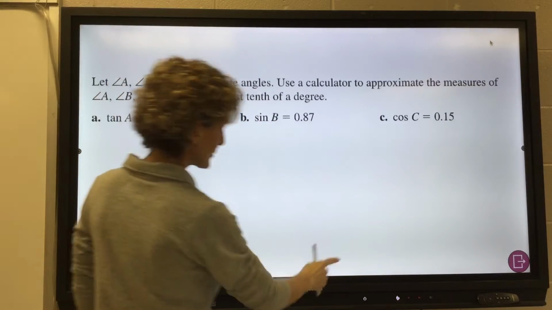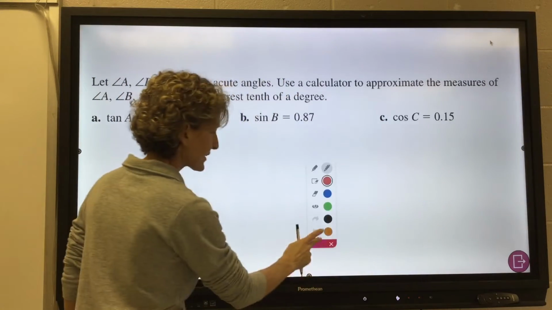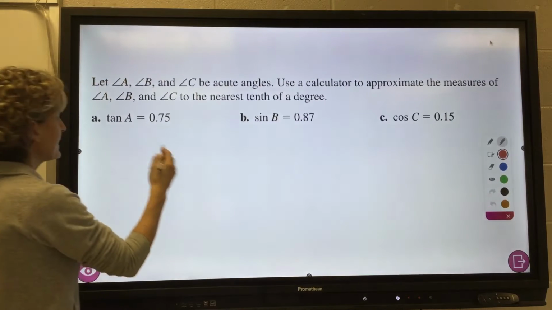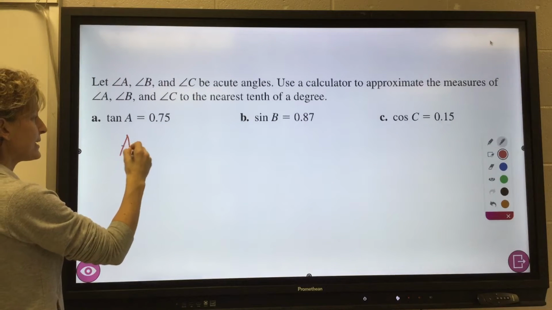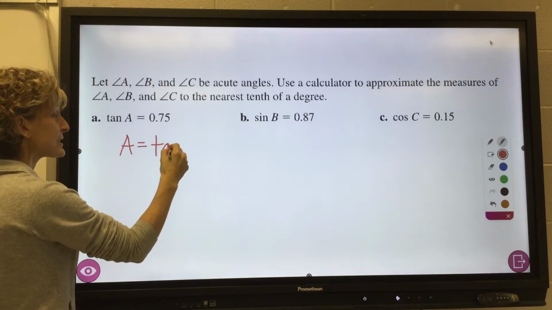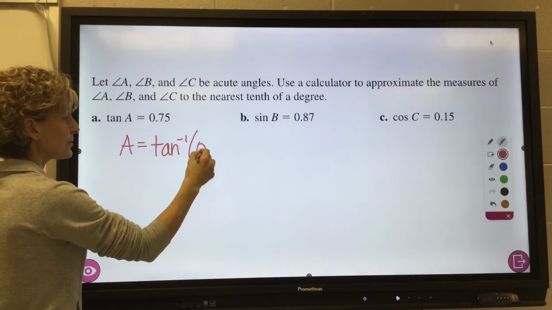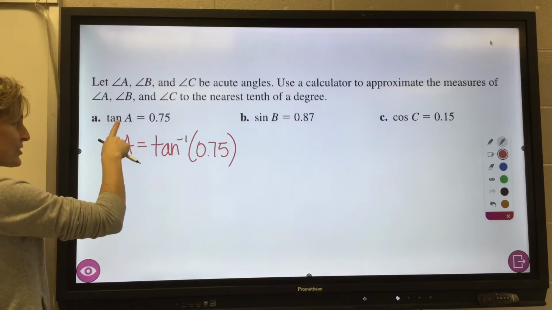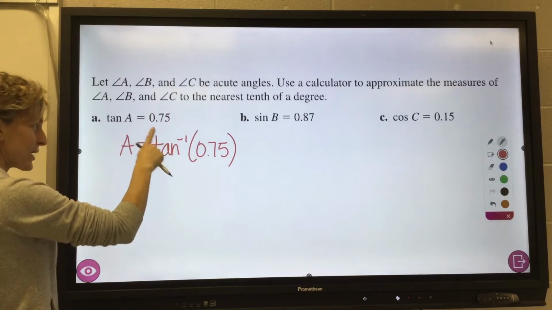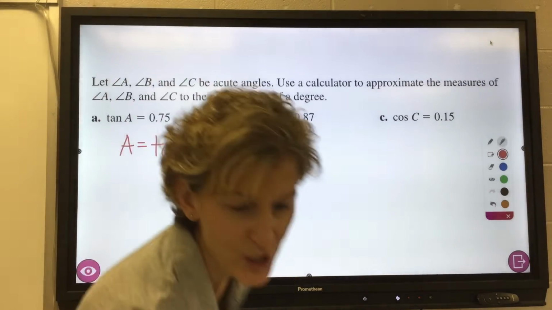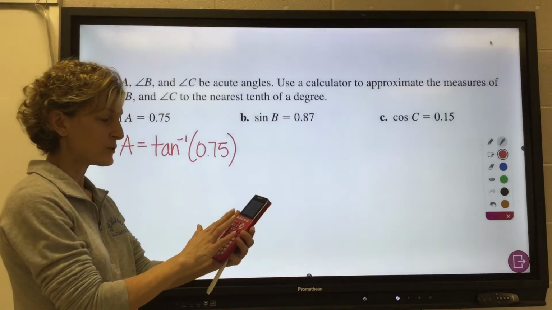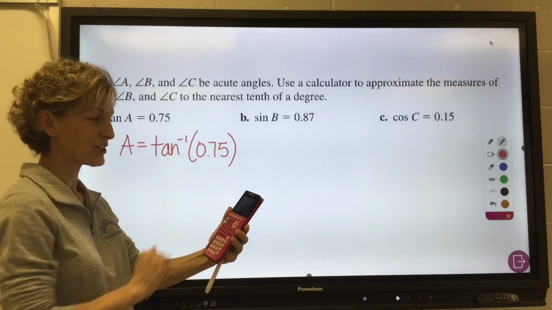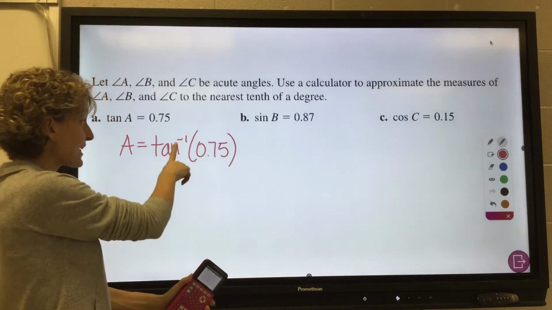All right? And so looking at this, you would say that the measure of angle A is the inverse tangent of 0.75. I'm going to inverse here, get A by itself, and so I have to do it here, inverse tangent. So go to your calculator and you hit second tangent, and you'll see that it says tangent to the -1.